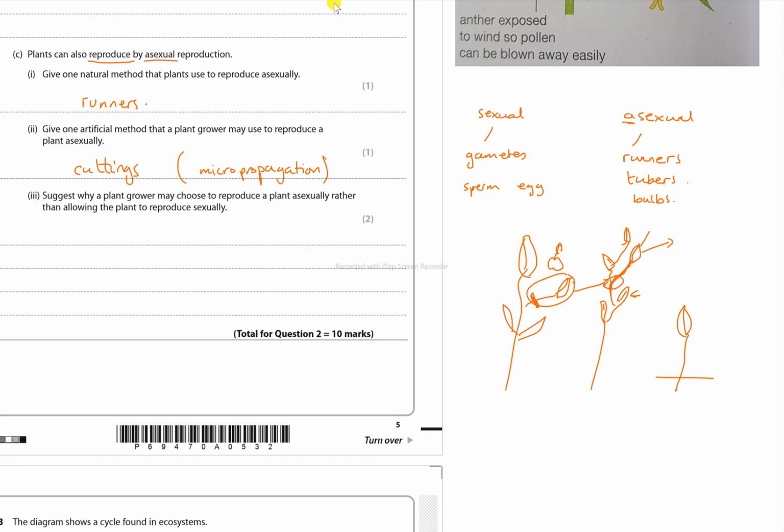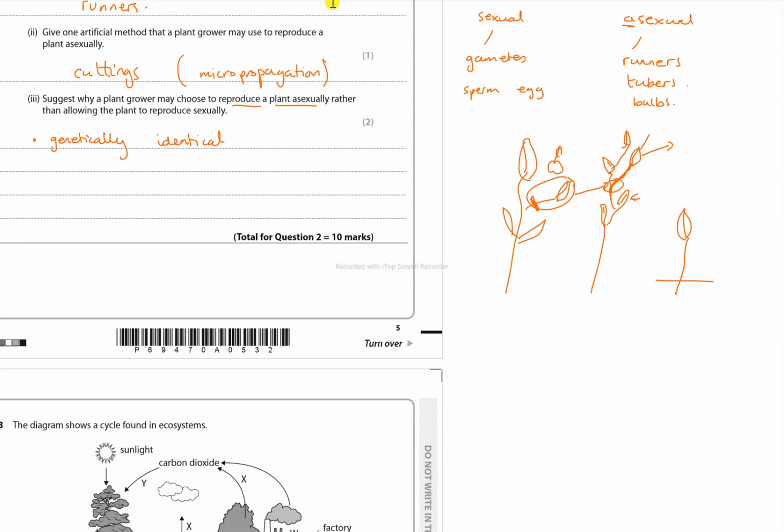Suggest why a plant grower may choose to reproduce a plant asexually rather than sexually. You know that genetically they will be identical. That's important for flowers. You want them a certain shape, size, color, smell, and you're guaranteed that.